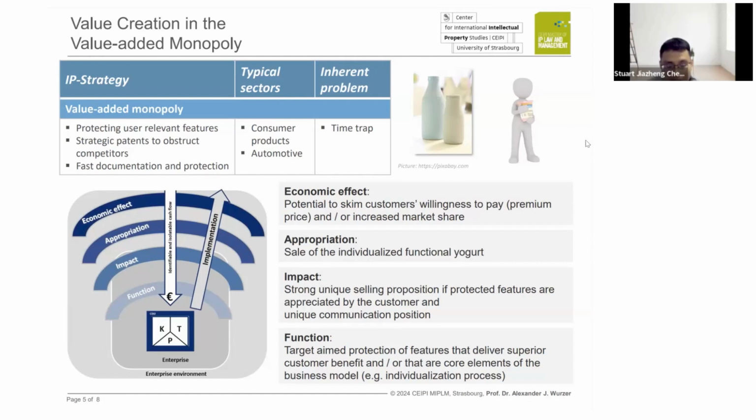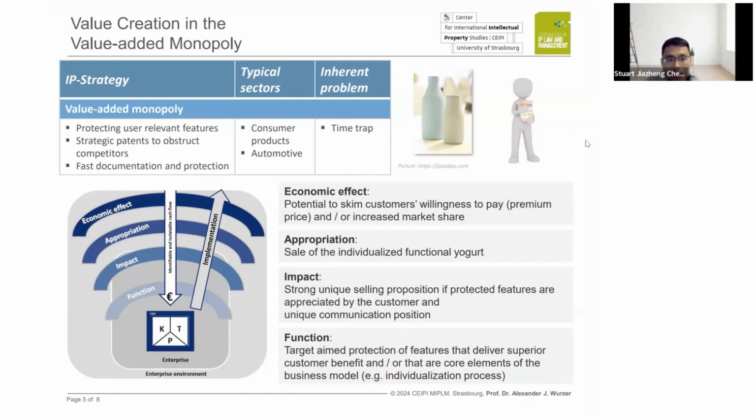Then, the impact is that the fidelity of the customers for this certain product will be accumulated and will get larger and larger. Then for its appropriation, the number of customers will grow.